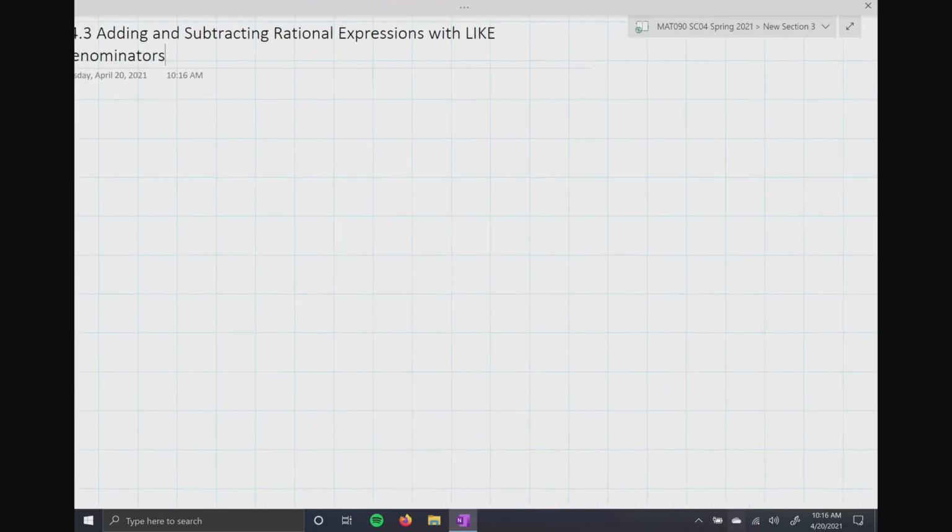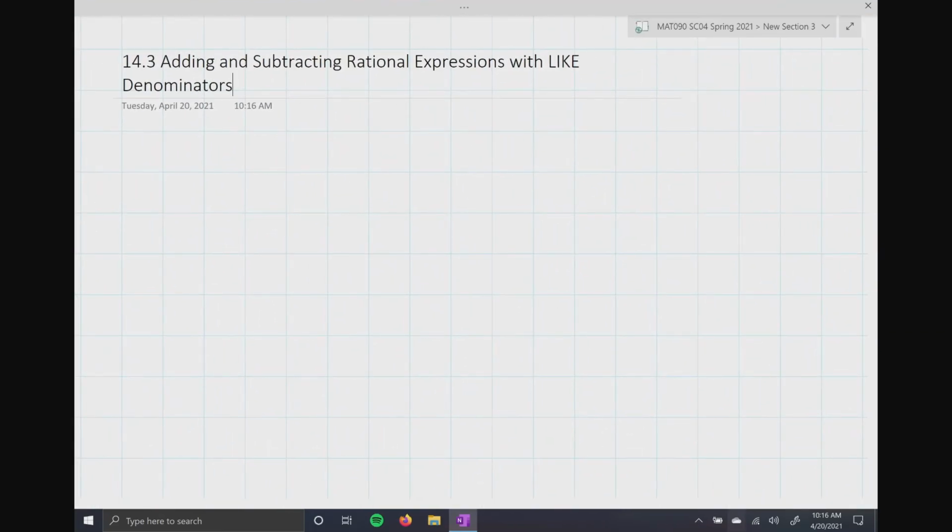So we're going to be adding and subtracting rational expressions with like denominators.